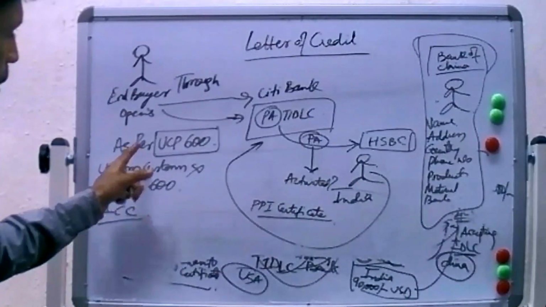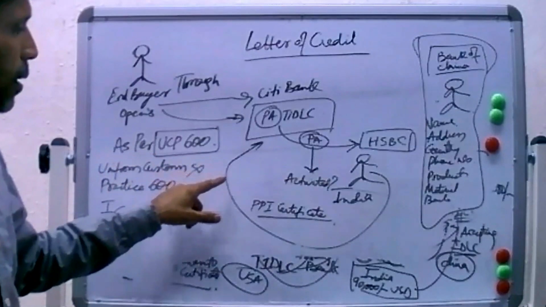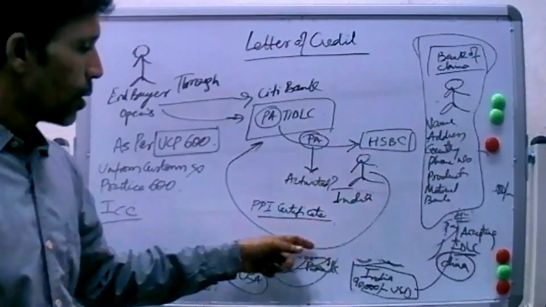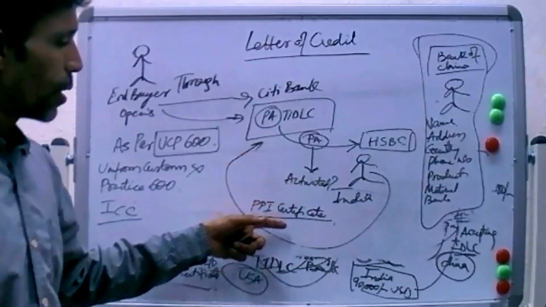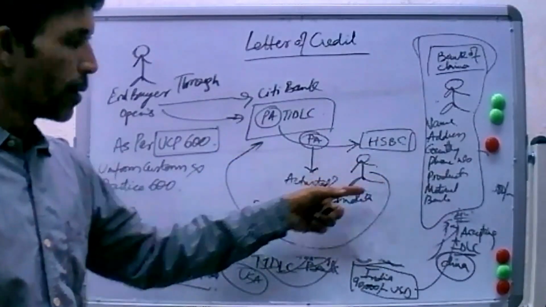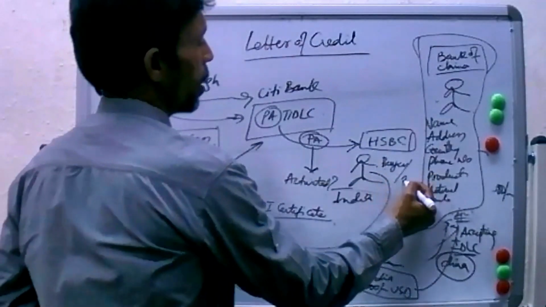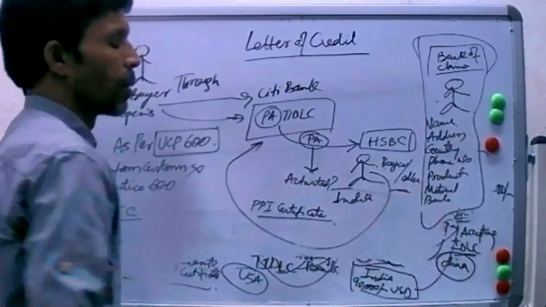As per this rule, UCP 600, once the bank receives information from the buyer or seller, that is your role, right?